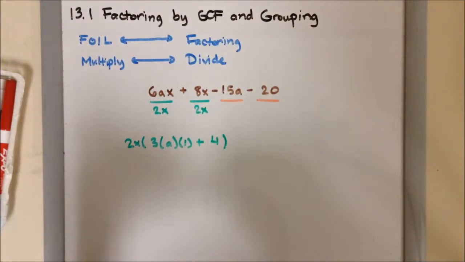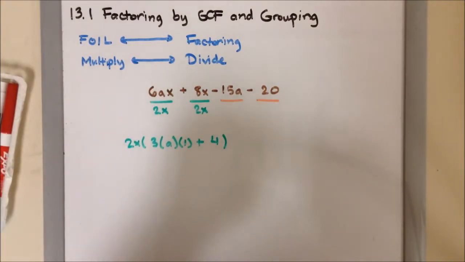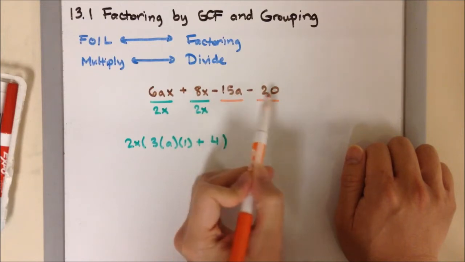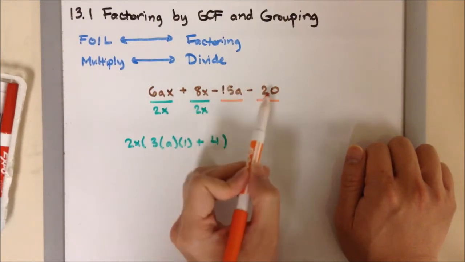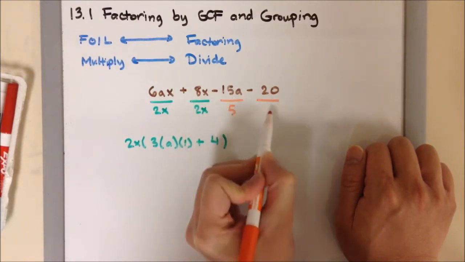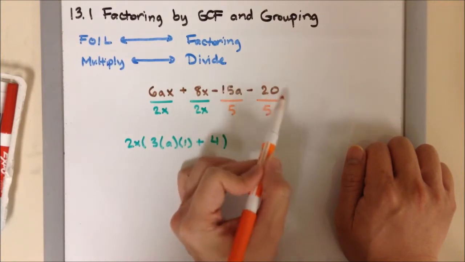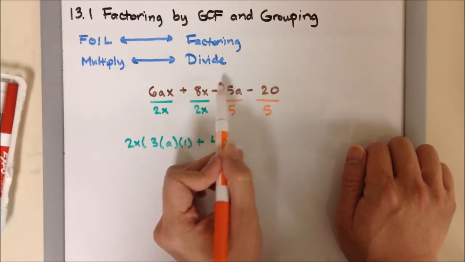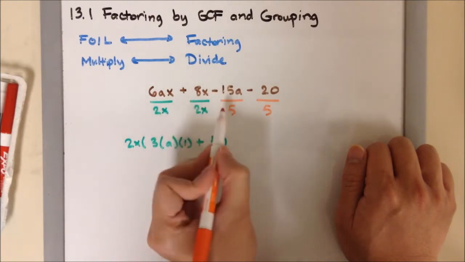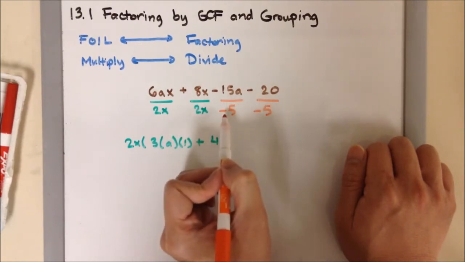Alright, now on my right side, we have negative 15a minus 20. If we take a look at the numbers, 15 and 20, they're both divisible by 5, so we're going to put 5 underneath. Now, if the first term on the right side is a negative, then we should divide both terms by a negative.